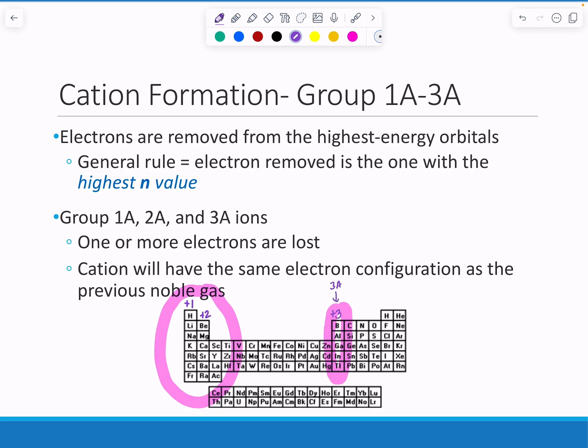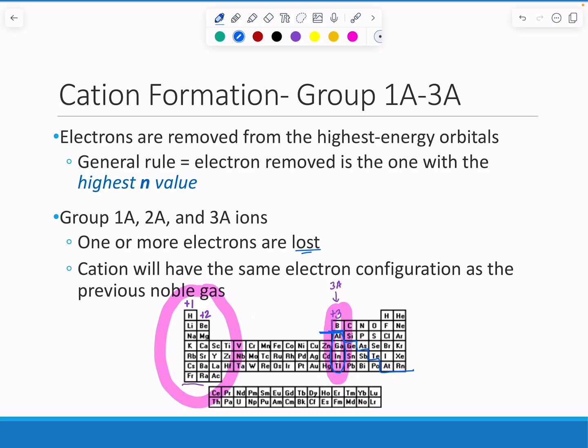All right, so group 1A and 2A are all metals, but if you recall, we have the transition between metals and nonmetals. So we have this kind of stepped area here, right? So the things below that in group 3A, those are metals, and those are going to form positively charged ions or cations, okay?